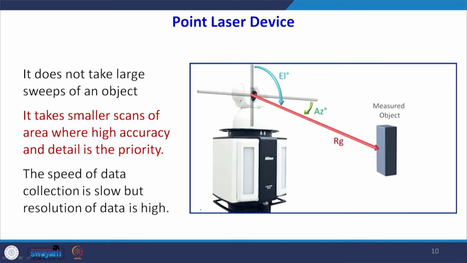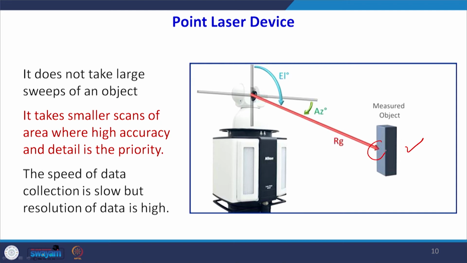Now we have the point laser devices. As I mentioned, some laser devices generate a single beam, so they do not cover a very large area at a given time. As you can see in the slide, the instrument generates a point beam, which is red, and strikes the object.